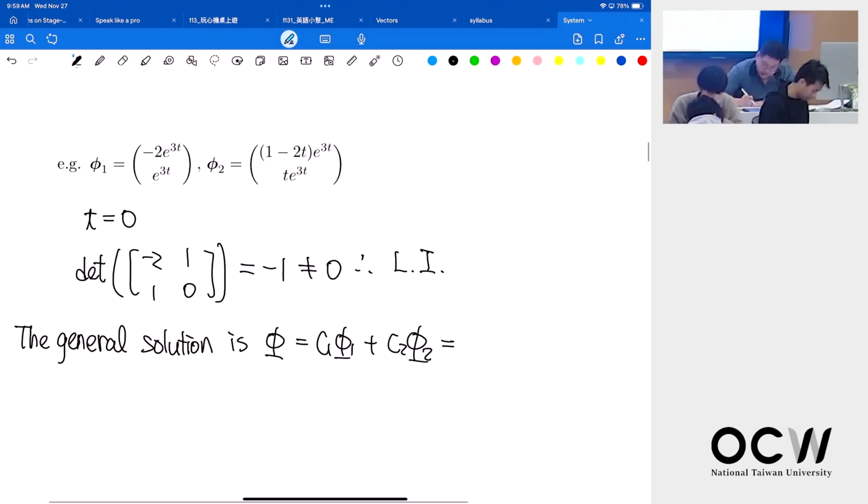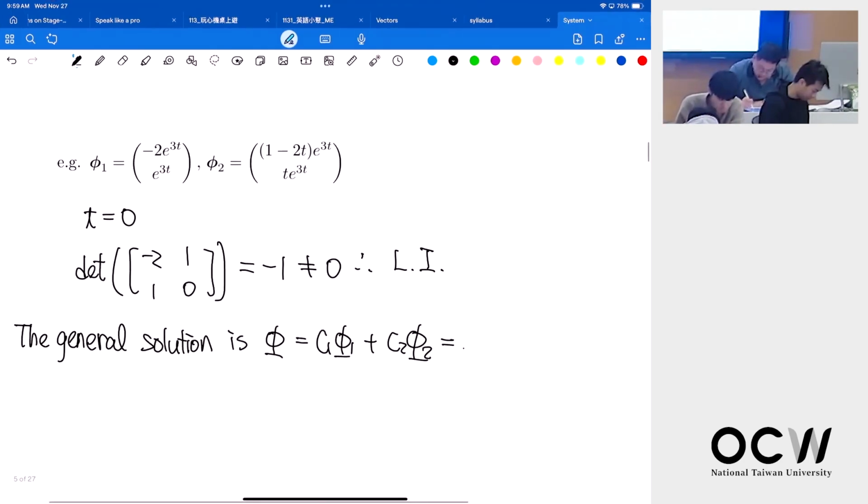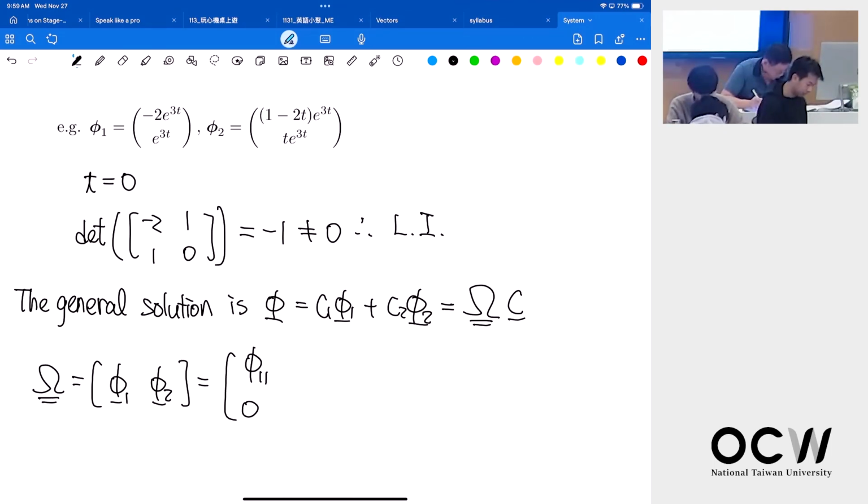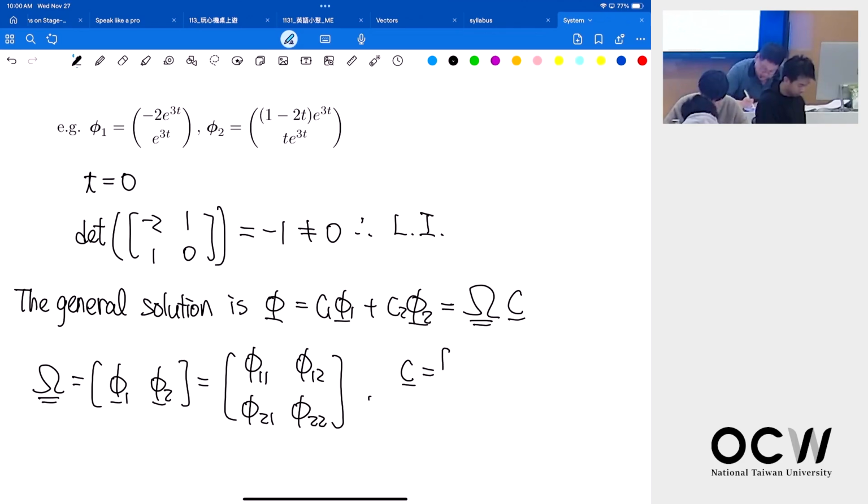You can rearrange this and get omega times the coefficient C, where omega is formed by phi 1, phi 2, and the vector C is C1 and C2.